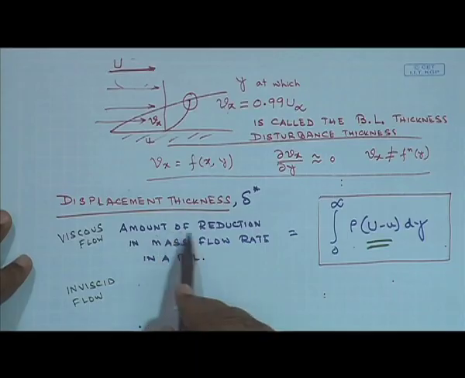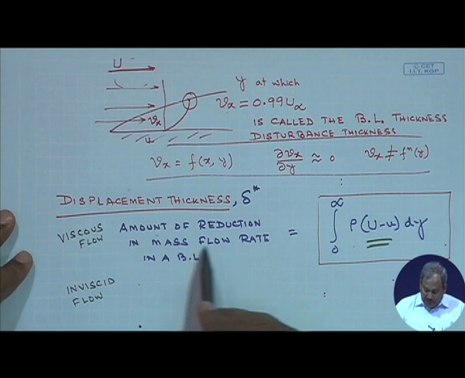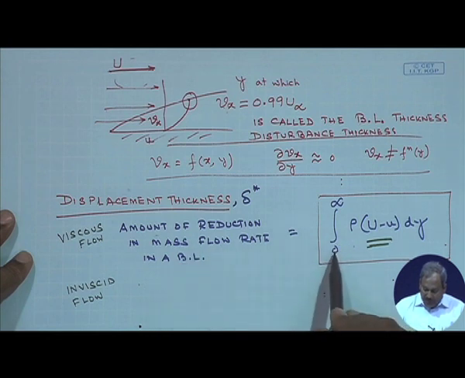When the reduction in mass flow rate in the inviscid flow is equal to the reduction in mass flow rate in the actual viscous flow, for which we have already evaluated the expression, when these two are equal, delta star is known as the displacement thickness. So let's see, the amount of reduction in mass flow rate in a boundary layer when viscous forces are present is this.